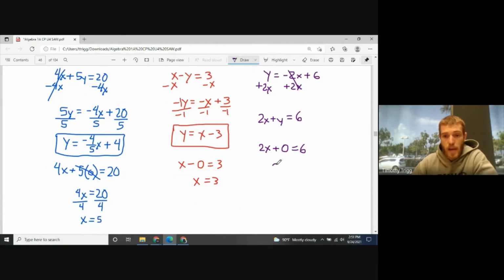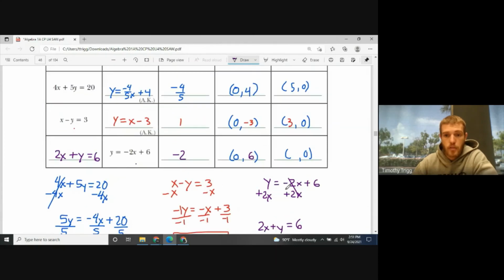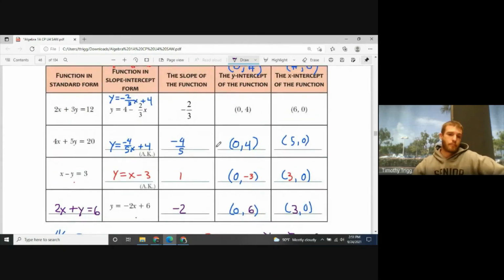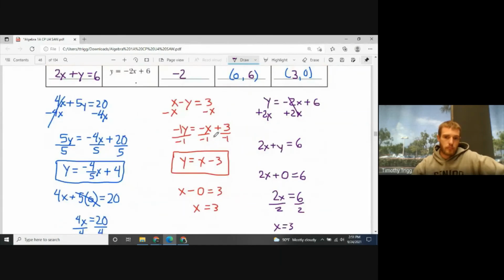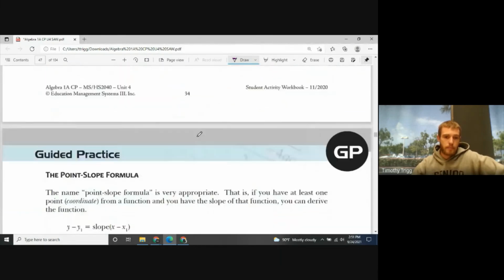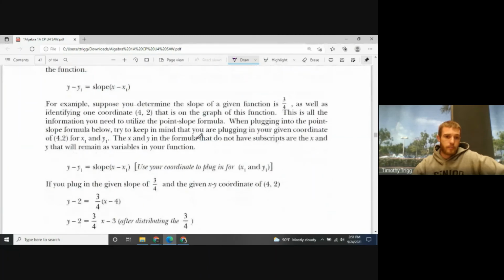Well, that's just 2x, right? Adding 0 doesn't really add anything. Divide both sides by 2 to get x by itself, then we'll have that x equals 3. So this one has an x-intercept of (3, 0). Okay, great. Let's move along.